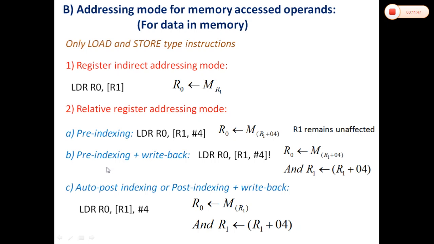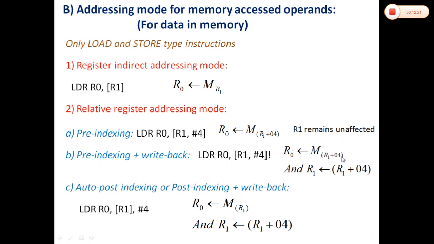In the second case, it is pre-indexing plus write back. The syntax of this instruction is similar to the previous one except for this additional sign, which indicates that there should be a write back along with pre-indexing. Once again it is pre-indexing, so as before the content of R1 will be added to this immediate number to generate the actual address of the memory location, and the content of the memory location will be copied into the destination register R0.